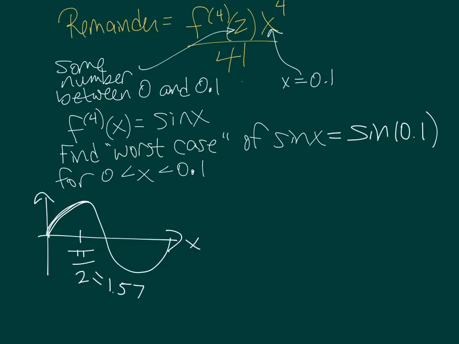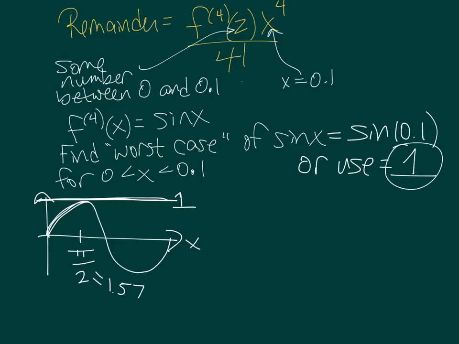That was the whole point of this exercise, to approximate the sine of 0.1. So the other approach is that we know the worst case sine can ever be is 1, right? Because the sine function has a range from -1 to 1. So the worst case is really 1. So let's just use 1 as the worst case.